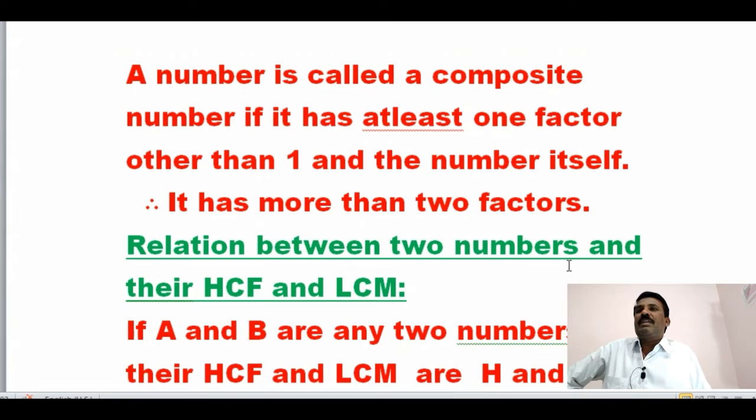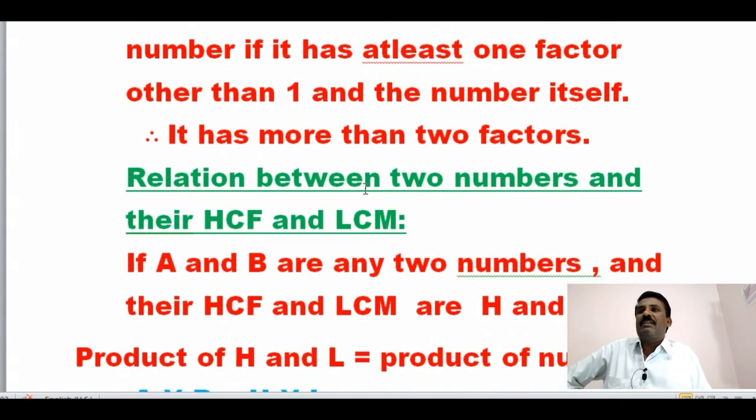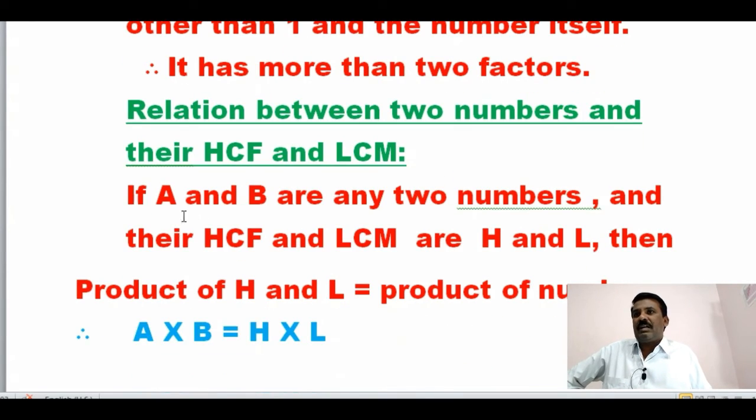Next topic, relation between two numbers and their HCF and LCM. There is a relation between two numbers and their highest common factor and lowest common multiple. Suppose A and B are any two numbers and their HCF and LCM are H and L. Then the product of the two numbers is equal to the product of their HCF and LCM.